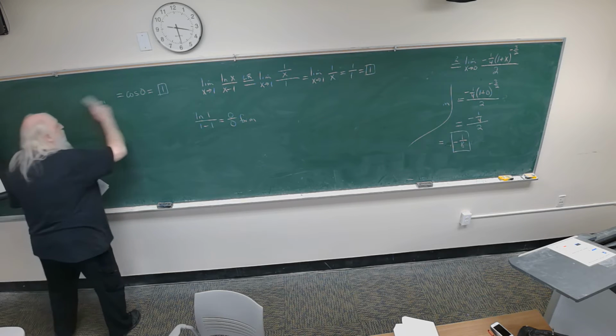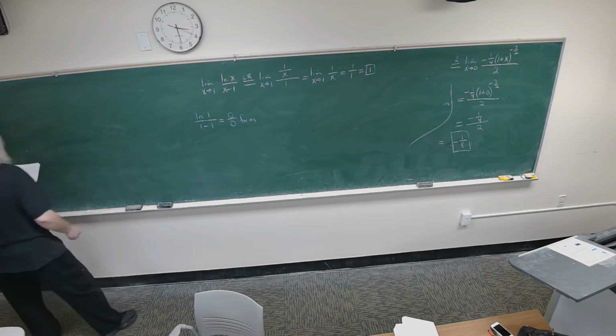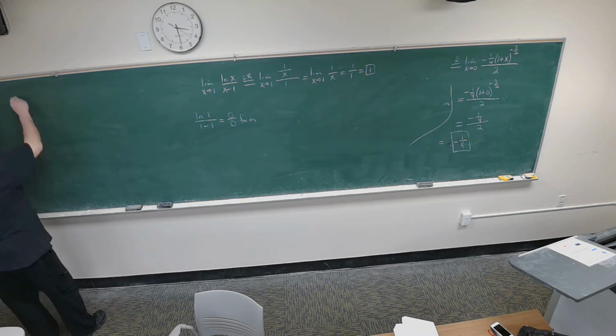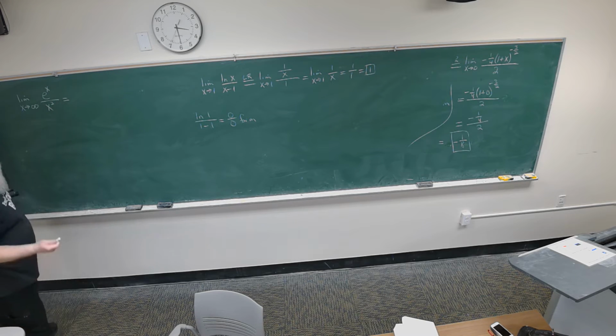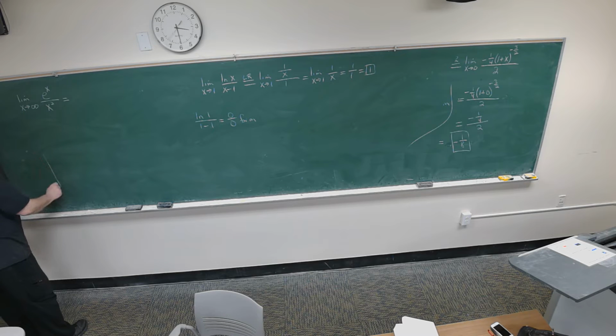Let's do one involving infinity. So we have the limit as x increases without bound of e to the x over x squared. Let's remind ourselves what the natural exponential function looks like. This is the graph of y equals e to the x.